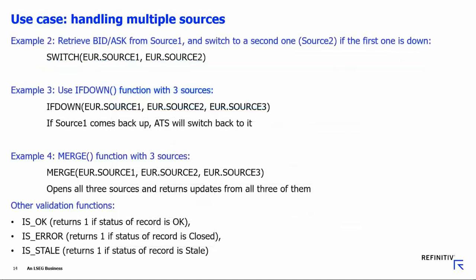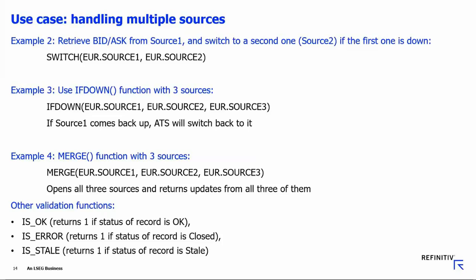Other functions for handling multiple sources include the following examples. In example 2, it opens both sources 1 and 2, but only sends data for source 1. When source 1 is no longer available or valid, it sends data for source 2. Example 3 is the if down function with 3 sources. This opens one source, source 1, circulates the data on the network, and when it cannot find source 1, closes this source and opens a second source, source 2. The data is then circulated on the network, and when it cannot find source 2, closes this source and opens a third source, source 3.